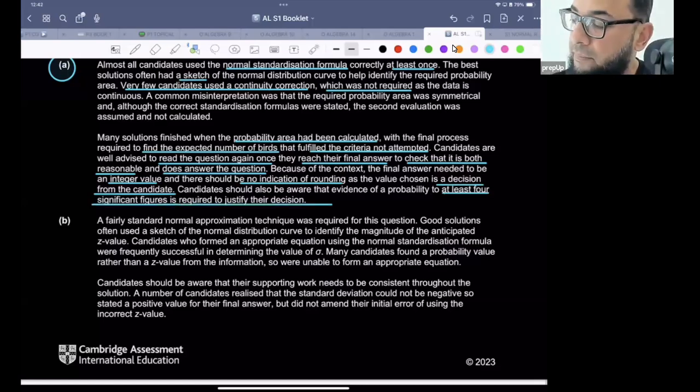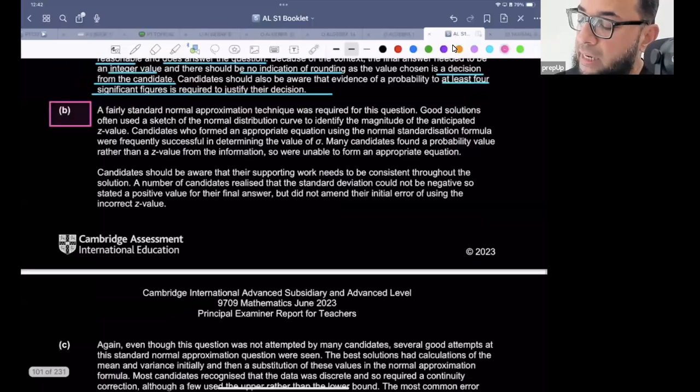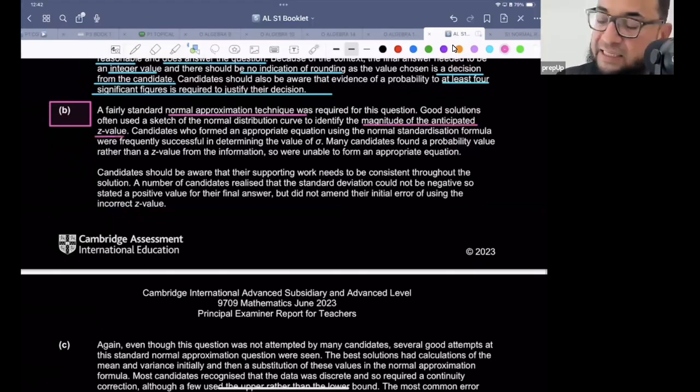The next one, a fairly standard normal approximation technique was used. Good solutions used the normal distribution to identify the magnitude of the anticipated Z value. We have our golden rule. Candidates who formed an appropriate equation using the normal standardization formula were frequently successful in determining the value of sigma. Many candidates found a probability value rather than a Z value.